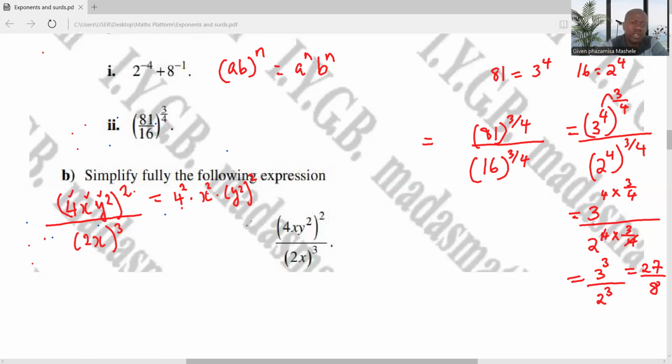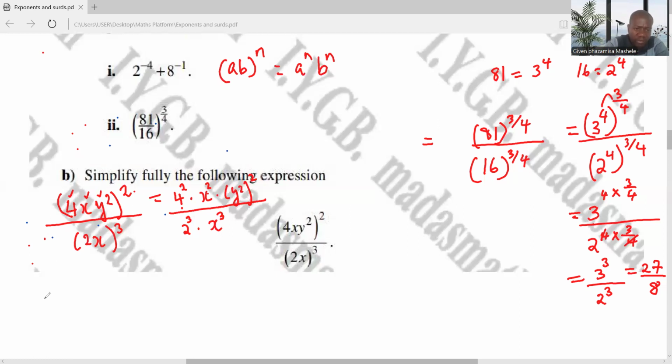I believe you understand that. Divided by, same applies here because you have two bases that are raised to the same power. So this is the same as 2 to the power of 3 multiplied by x to the power of 3. I believe you are following.